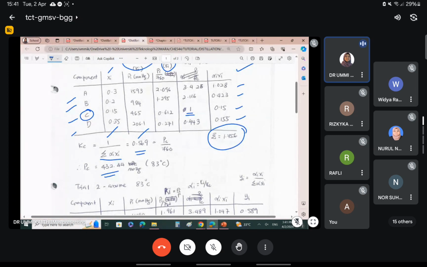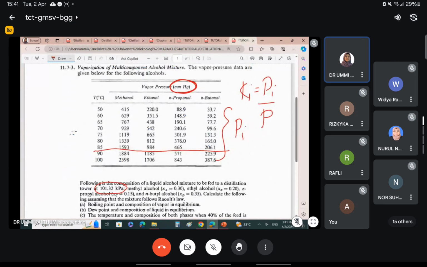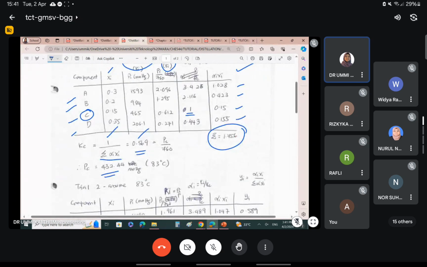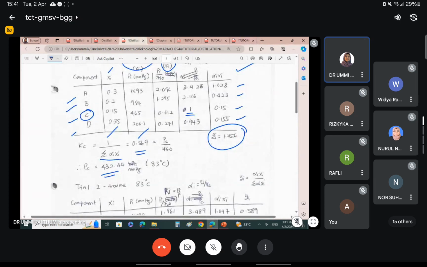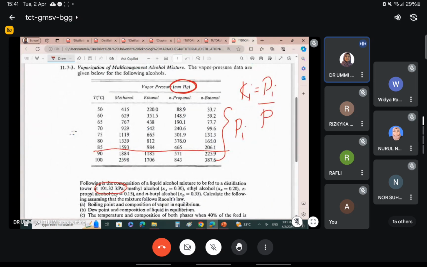So dah pergi balik dekat table tadi. 432.44 pada temperature berapa? Okay, C apa? Propanol lah. C is propanol, right? Okay. Yes, propanol. So pada 432.4. Okay, 432.4 kat sini.